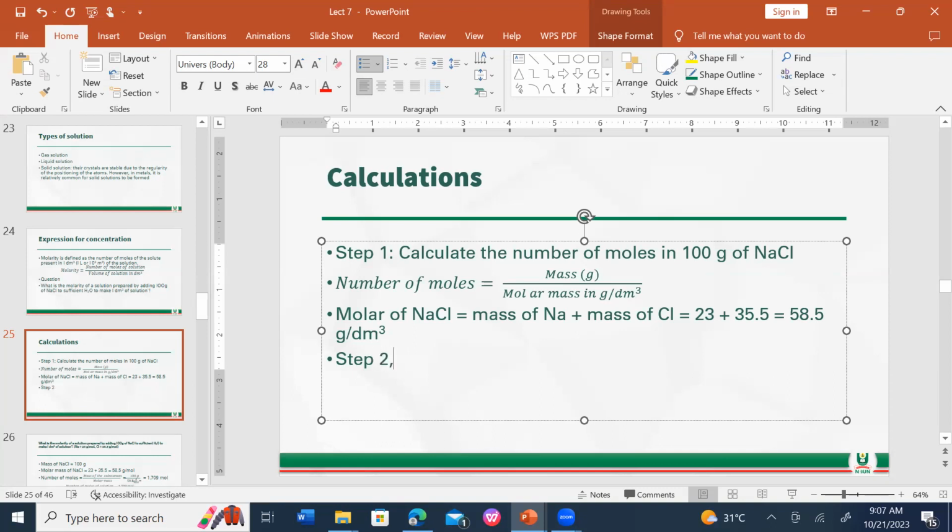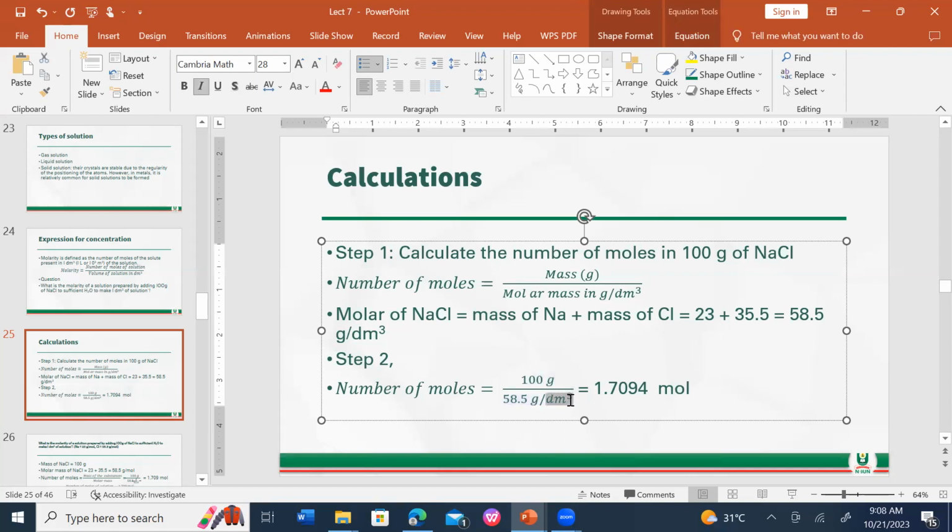Step 2. The number of moles will therefore be equal to what? 100 grams divided by 58.5 grams per mole, and that is equal to 1.7094 mole.